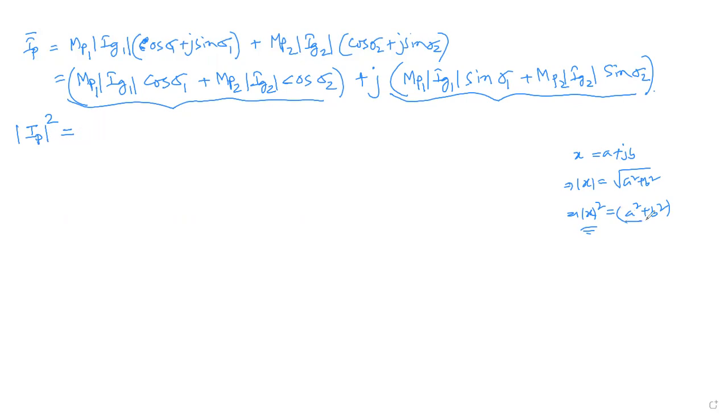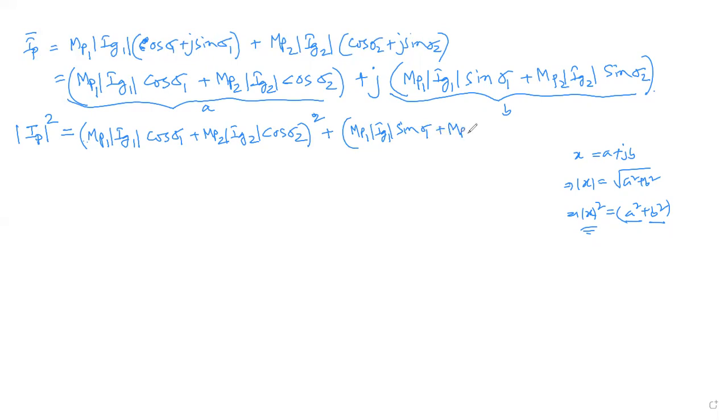So simply what you have to do is a squared plus b squared. This is my a and this is my b. So I can write MP1 IG1 cosine sigma 1 plus MP2 IG2 cosine sigma 2, whole squared, plus MP1 IG1 sine sigma 1 plus MP2 IG2 sine sigma 2, whole squared.